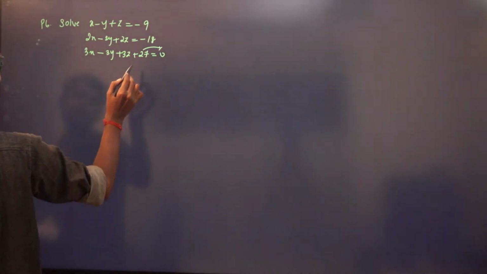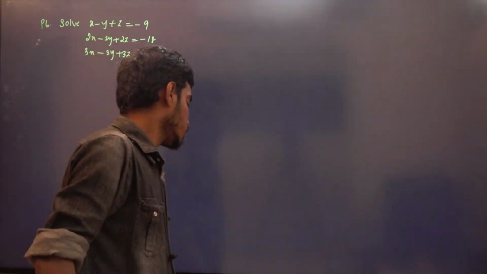You just take this 27 to that side, right? Don't get confused. So again, this is a non-homogeneous system.